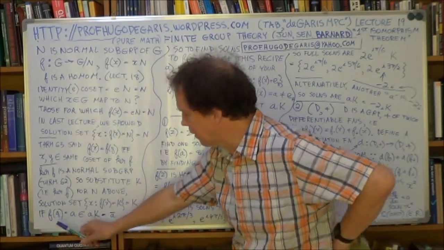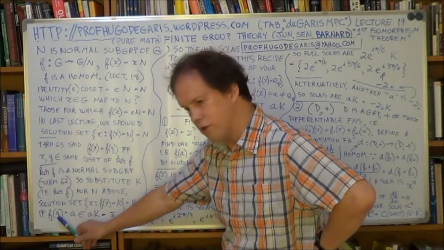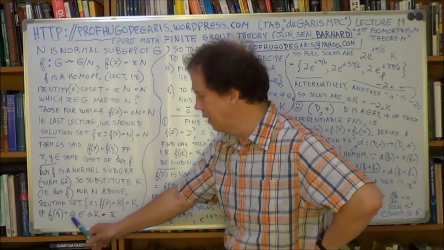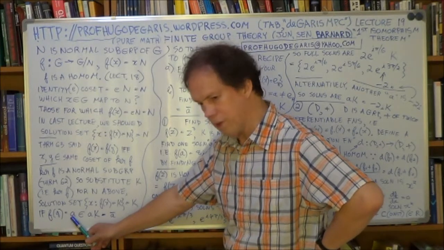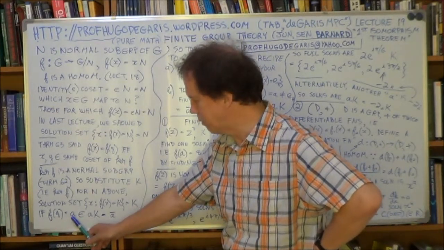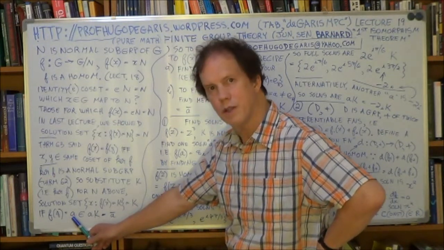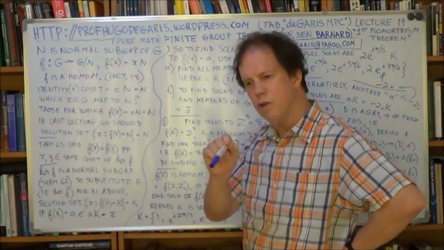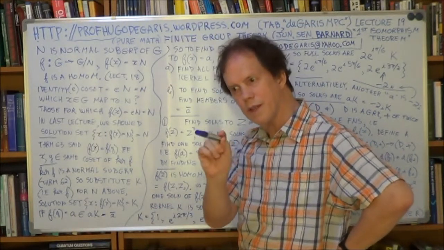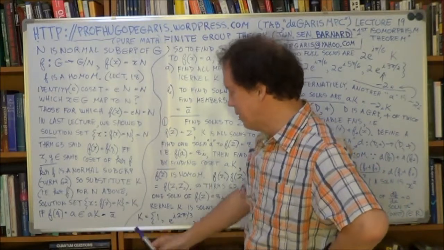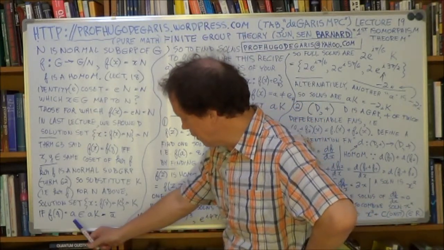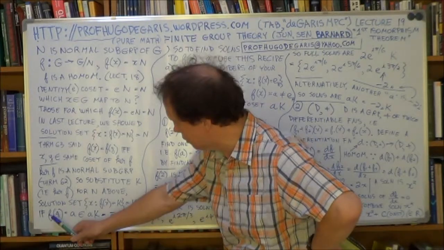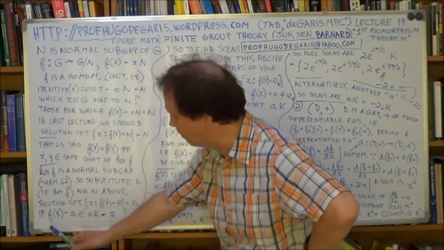So if you have little g1, little g2 having a different value, then they may belong to different cosets. And remember, a group is the union of disjoint cosets. So we now have a way to find solutions to this problem.